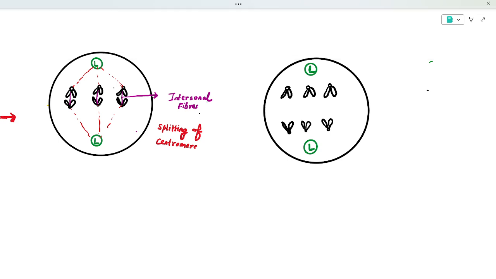This is the centromere and these are the arms of the chromosome, and there is elongation of these interzonal fibers.